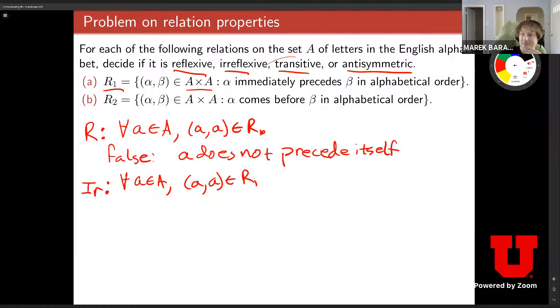Yep, this one is true because no element precedes itself. Not an element of R1. No letter precedes itself.